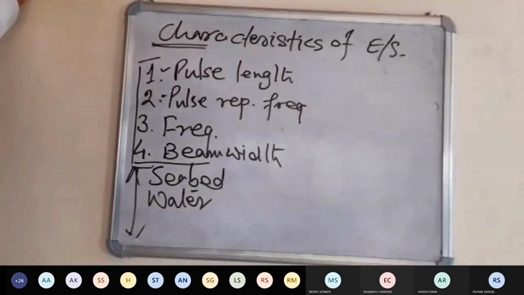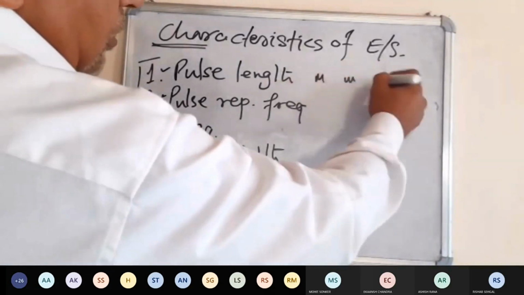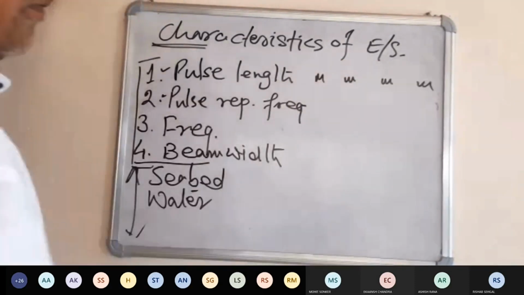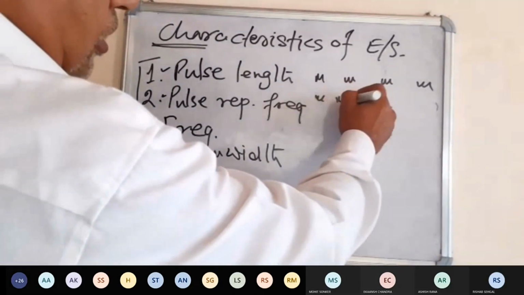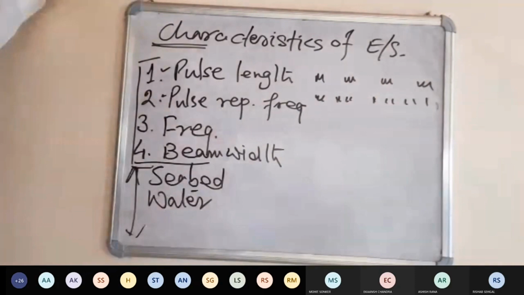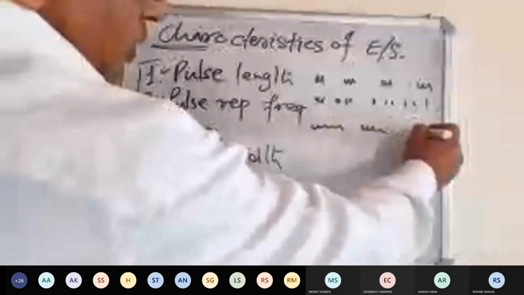When I said that the echo sounder transducer is transmitting pulses, I made the sound in three examples. In the first I said dot dot dot dot. In the second example, I said dot dot dot dot dot dot dot dot dot dot. In the third example, I said dot dot dot.